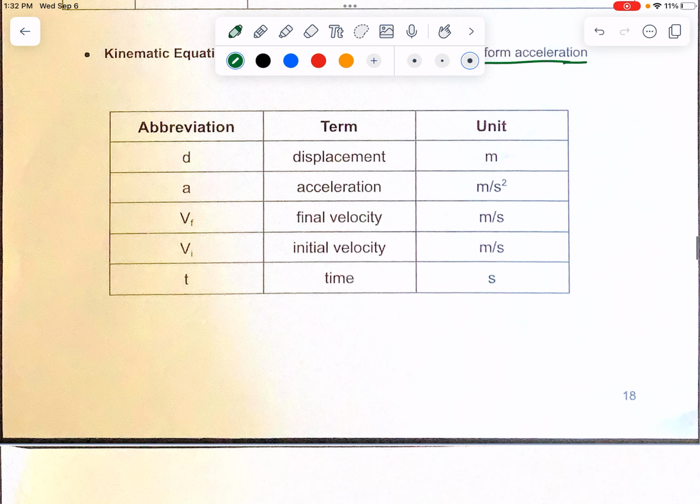Okay, so I just gave you those 5 equations, but if I don't give you anything like, let's just say there's no acceleration. Let's just say I give you velocity is 7 meters per second, and I give you displacement is 5 meters, and I'm looking for time.